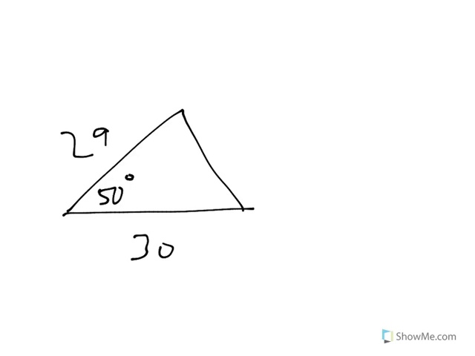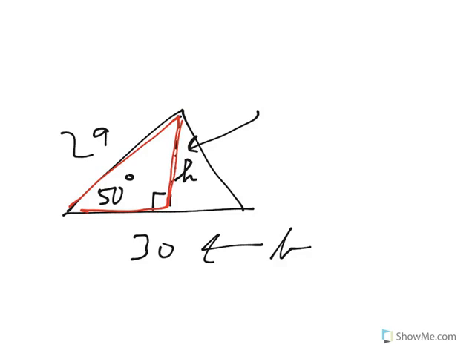If the triangle is not a right triangle, we can still call the 30 the base if we want, but the height's not the 29 anymore. The height instead is this vertical line. And we can calculate the height, because if I draw that altitude in, I do have a right triangle, and I would need trigonometry to calculate this height to be the hypotenuse times the sine of the angle.